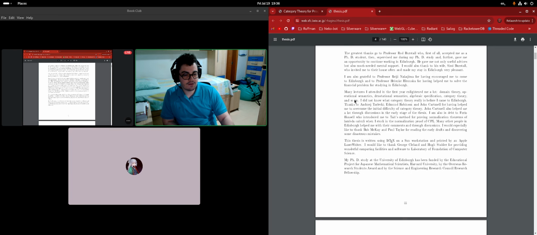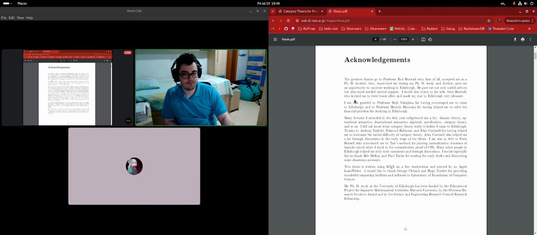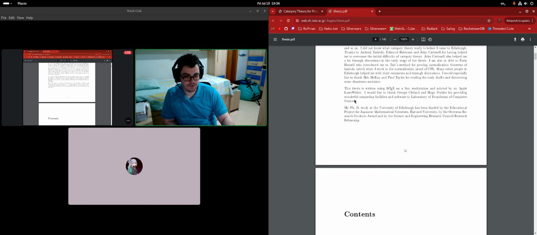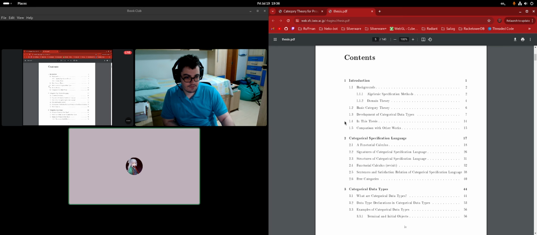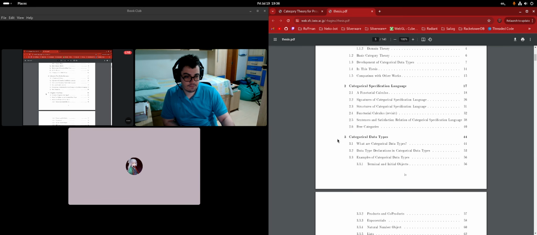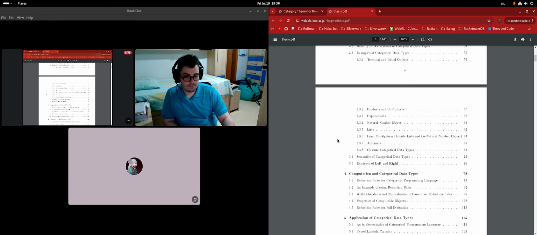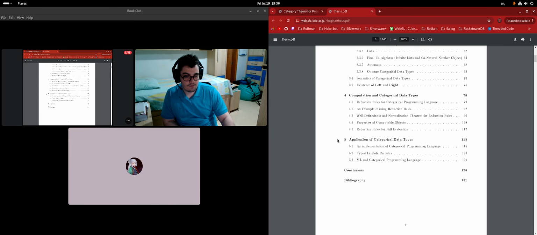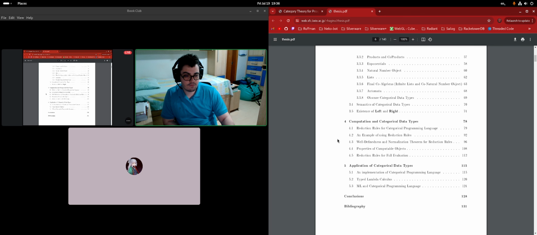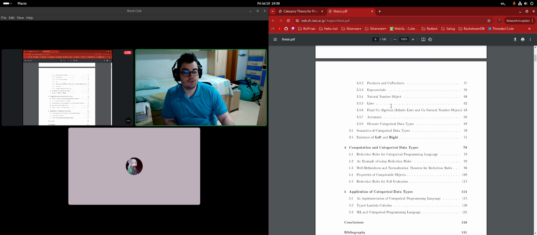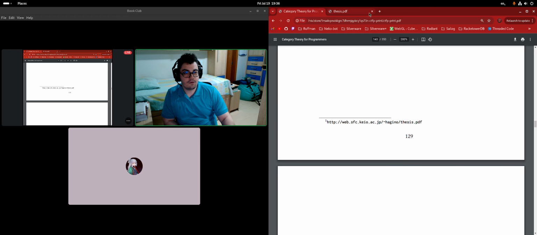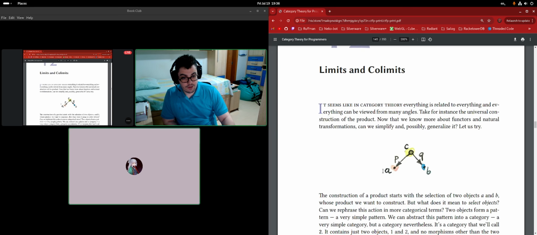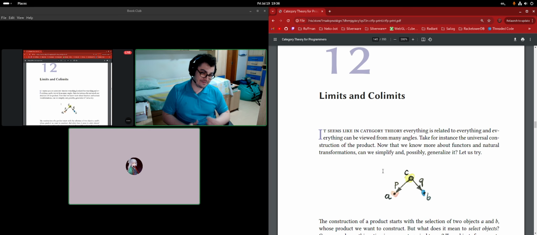This is being referenced as the programming language in categorical definitions, I believe. Yeah, maybe it's worth a look. Okay, it's chapter 12. Oh boy.